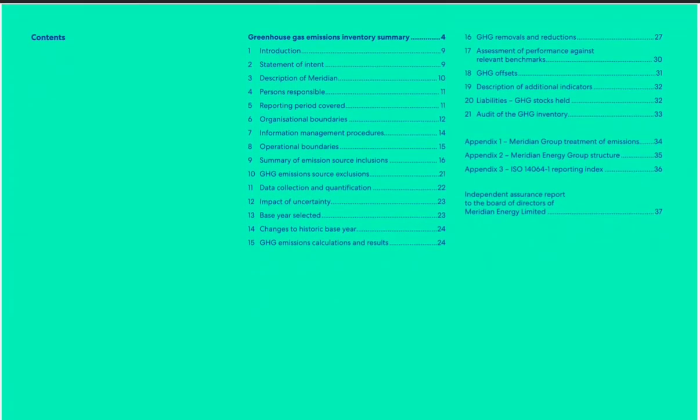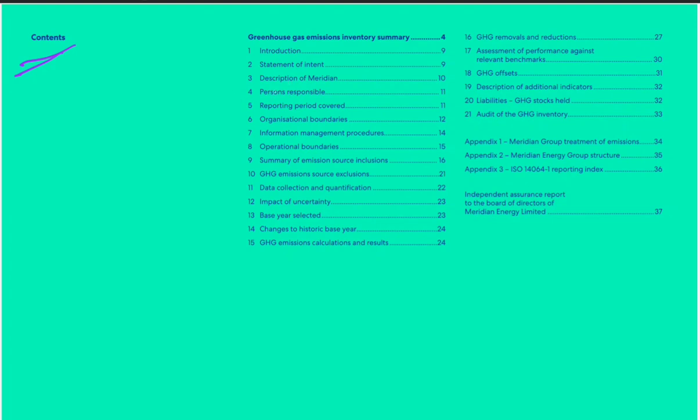Then this is very interesting from the learning perspective, what is covered in the content side, the table of contents of this report. We'll see different topics, more than 21 topics are there. So introduction about the report, statement of intent, like what we have seen in the earlier case study.